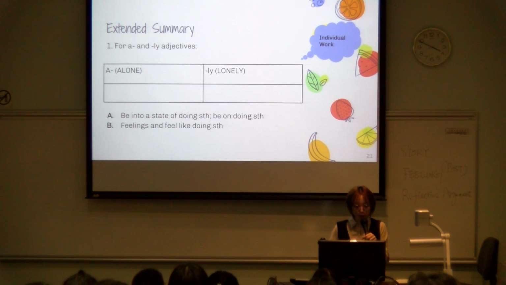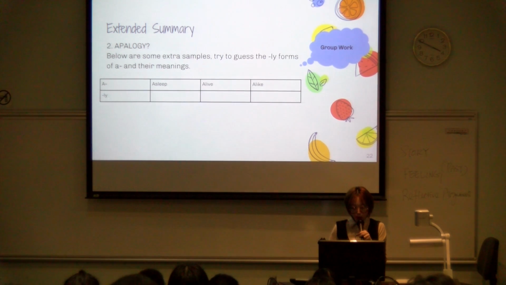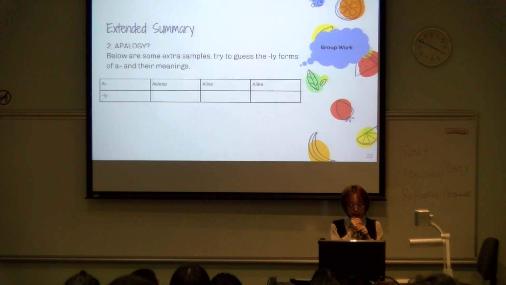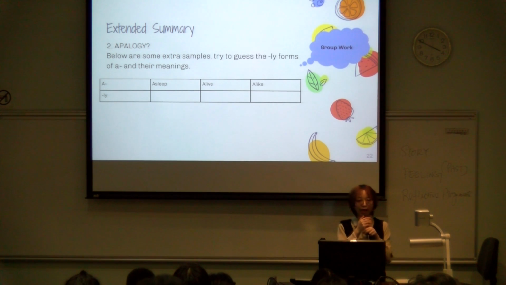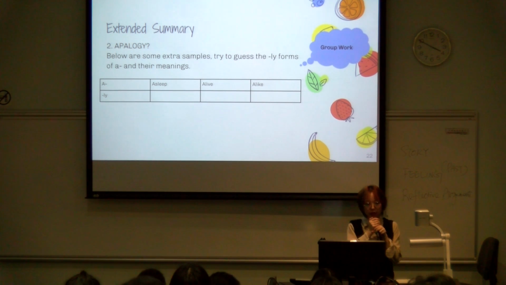So after they fill in the blanks about their English meanings here, we would like to ask them about some analogies here, like asleep, sleepy, alive, lively, alike, likely here. So if they can grasp the meanings of alone and lonely here, they may also deduce the meaning here.